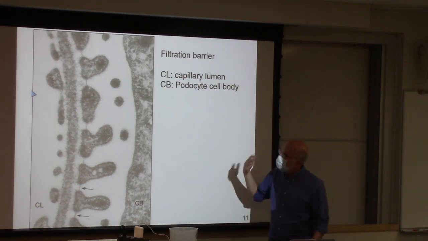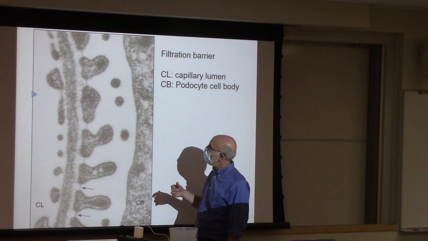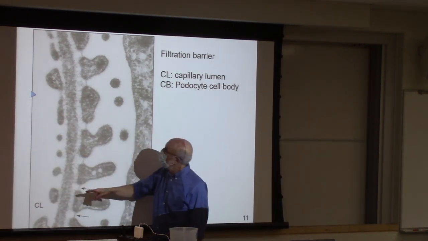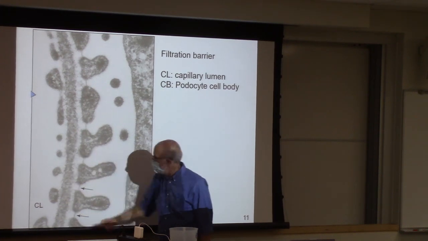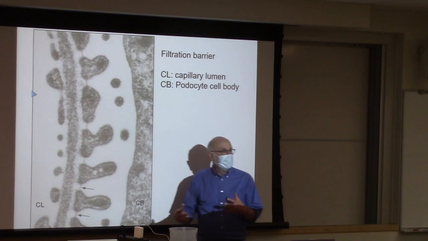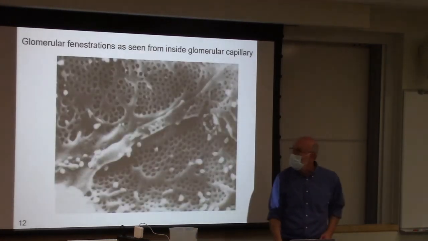Let's skip this one. This is a high amplification micrograph that just shows the capillary having holes in it, and the cell body of the podocyte having slits in it. So lots of ways for fluid to move.